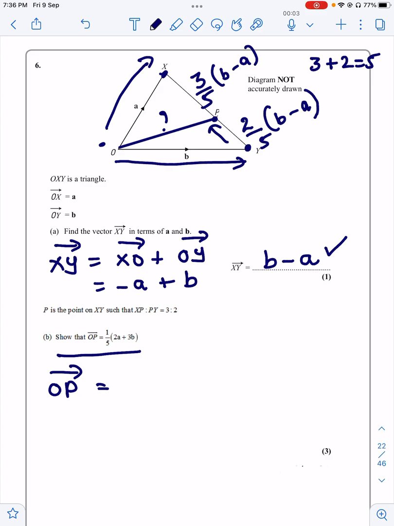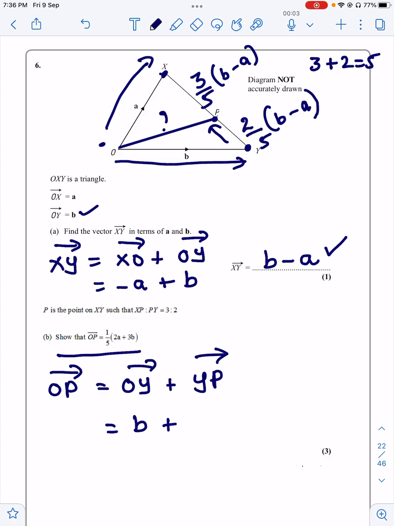OP is equal to OY plus YP. First step is to write the path. OY, the value is given to me as b. Now be careful. I have got PY as 2 upon 5 (b minus a).